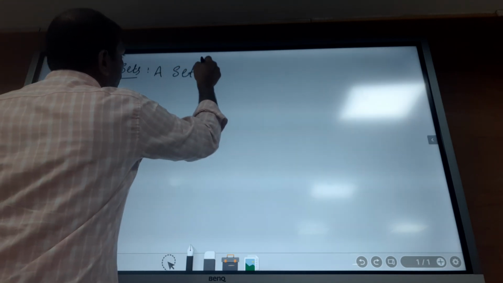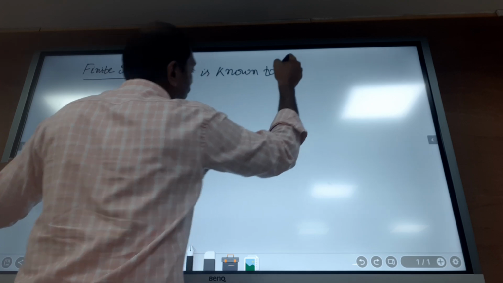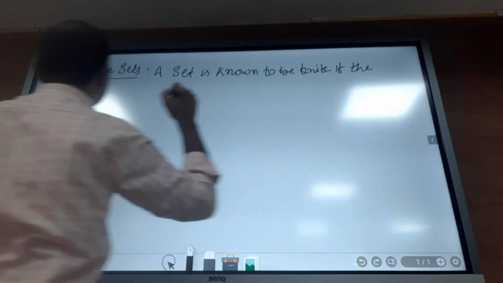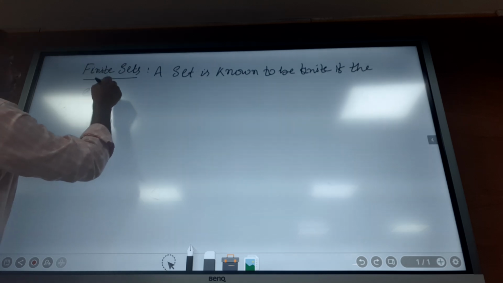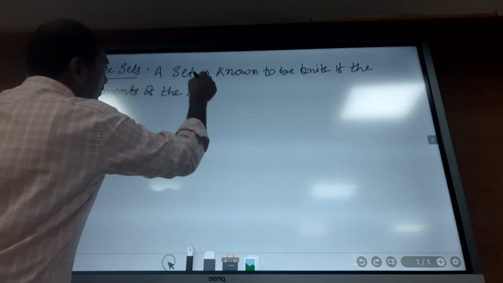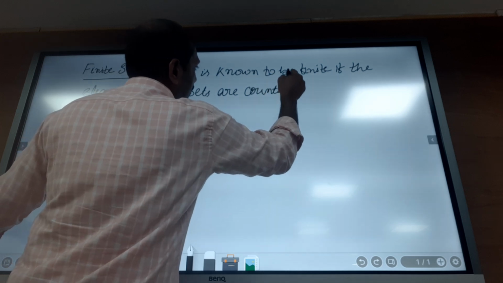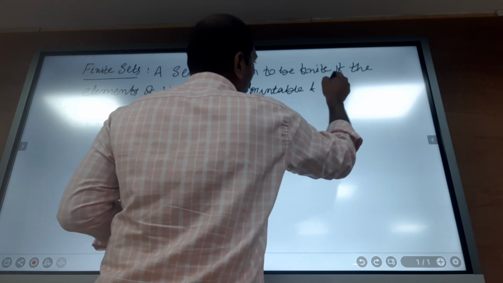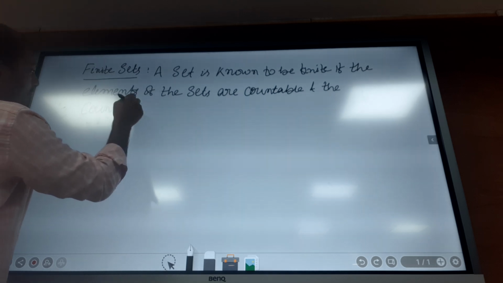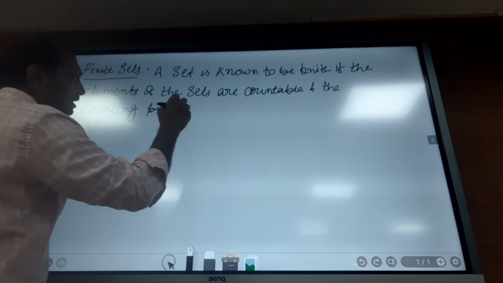A set is known to be finite if the elements of the set are countable and the counting process has an end.